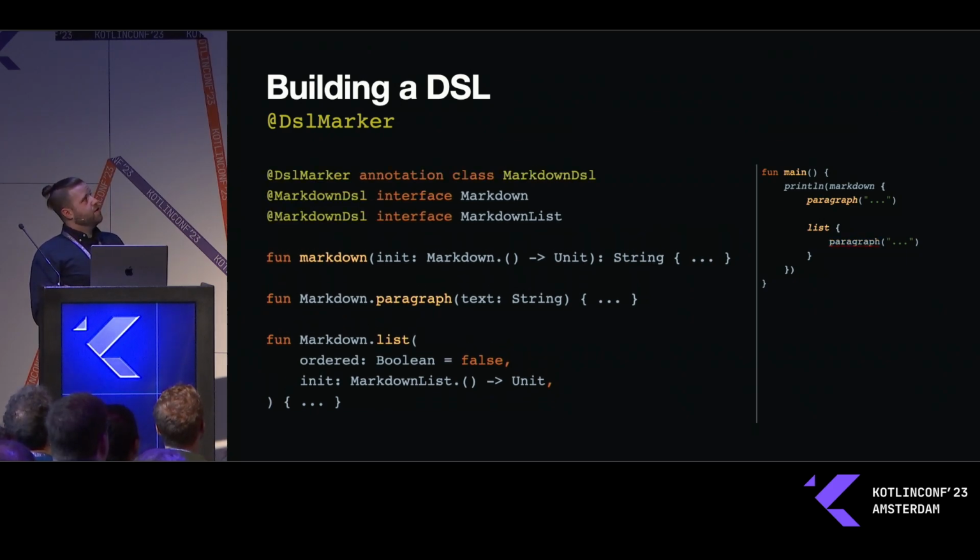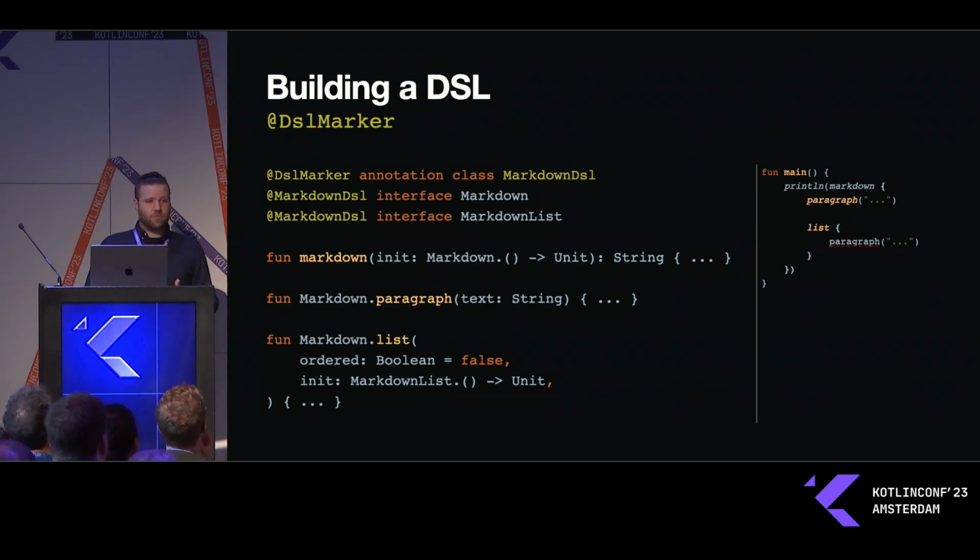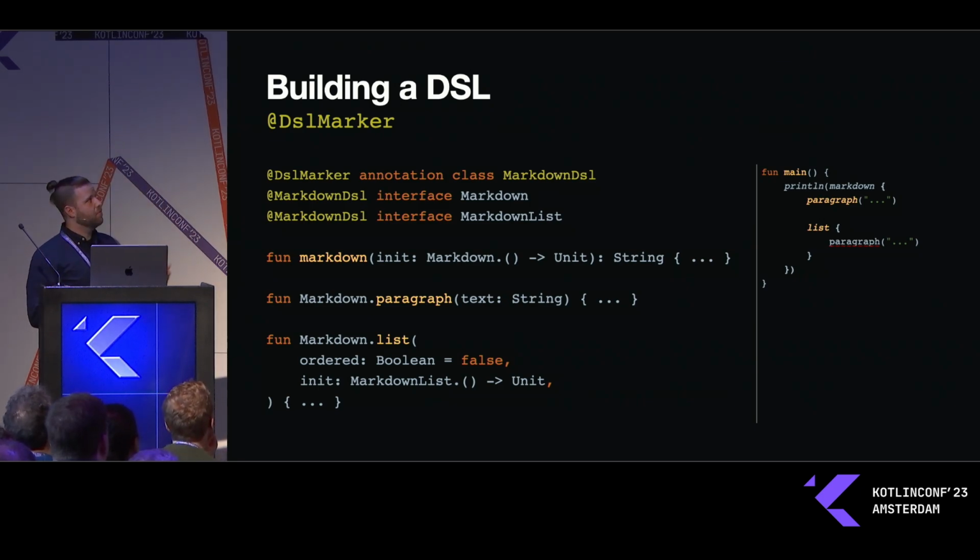So by creating a new annotation that is itself annotated with DSL marker, we're going to call it Markdown DSL, I can annotate all of the scopes or the receivers of my Lambda. And then Kotlin will only allow me to call a single scope or a single receiver within my DSL, and it's the most recent one.